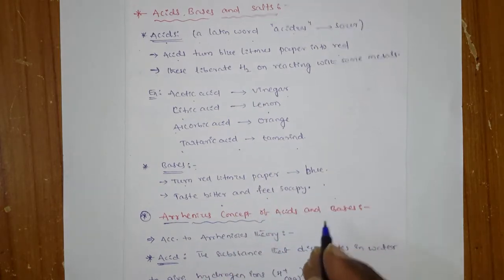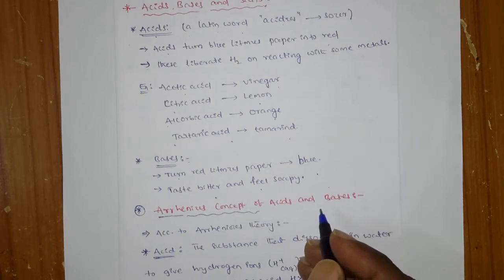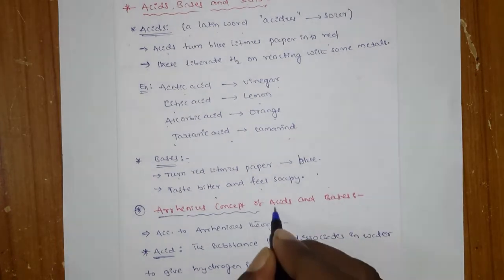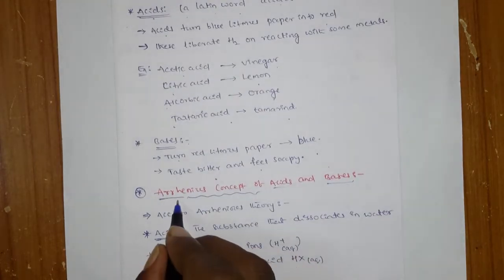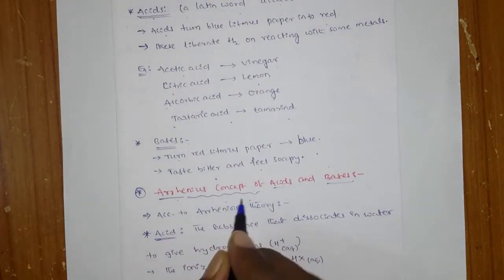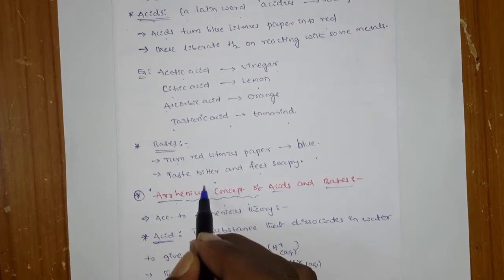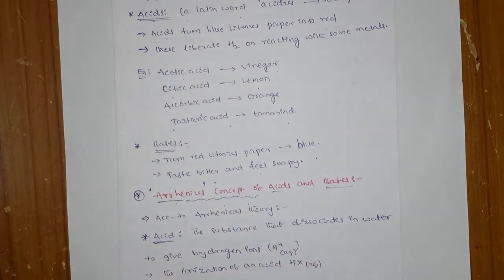Now there are some different concepts for acids and bases. The first concept is the Arrhenius concept. According to Arrhenius, in the earlier stage, in the 18th or 19th century, they defined these acids and bases.